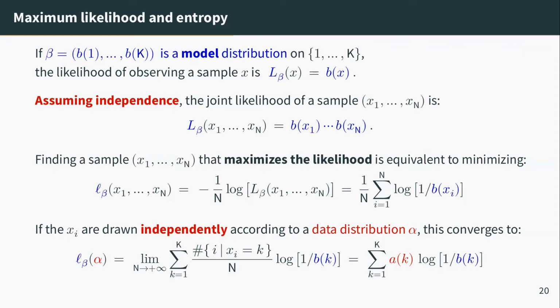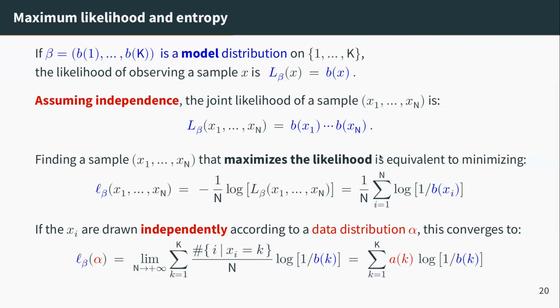And now in practice, what we can be interested in is to find a sample x1, ..., xn that maximizes the likelihood. Like, we would like to understand what it means for a sample to be likely with respect to beta. And so the thing is that maximizing this product is equivalent to maximizing its logarithm, because the logarithm is a strictly increasing function. And because convex optimization is always written with minimizers, we are going to stick to the conventions of people who do optimization, because we are going to use their solvers.